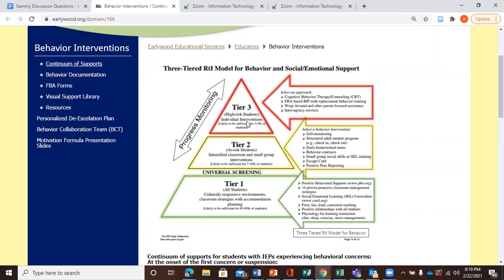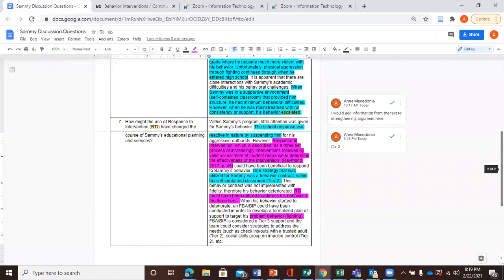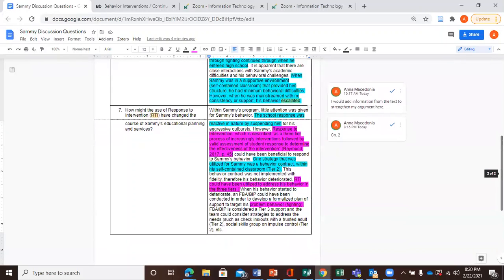This is when we're thinking about a more intensive intervention, like a functional behavior assessment and potentially a behavior intervention plan. So this is something that we might really want to think about for Sammy. We learned about an FBA and BIP in this chapter, so I would definitely want to see more information about functional behavior assessment and BIP within this answer.